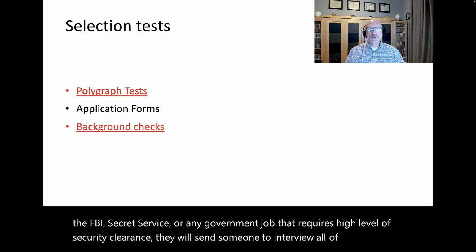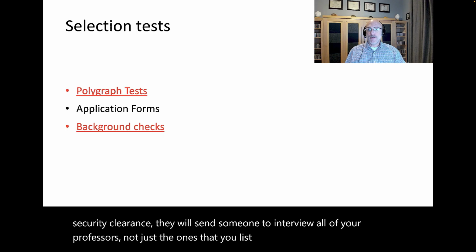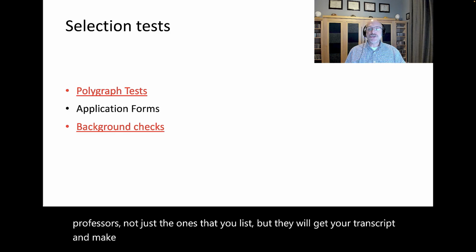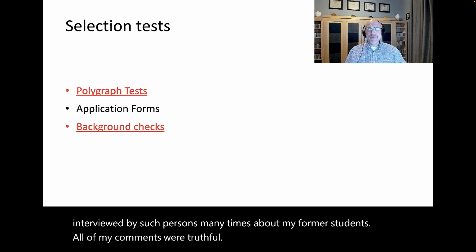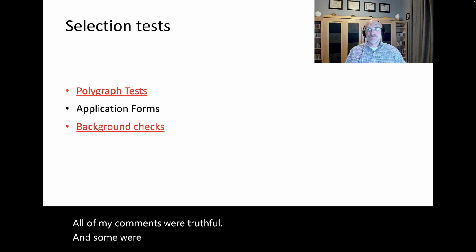Not just the ones that you list, but they will get your transcript and make appointments to meet with each and every one. I have been interviewed by such persons many times about my former students. All of my comments were truthful, and some were painful, if you know what I mean.